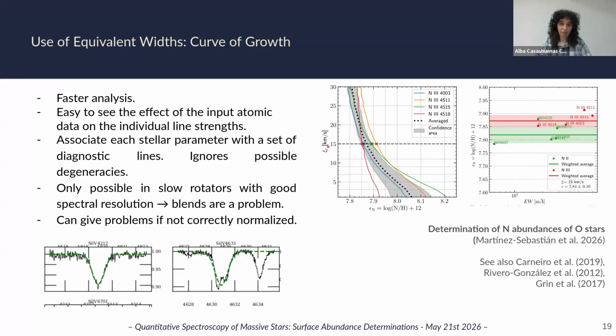They found the value of the microturbulence that predicted a constant nitrogen abundance, and they calculated the nitrogen abundance from the different lines. But this is not a comprehensive list of works that have done this analysis at all. This analysis has been very widely used. It's a very traditional analysis, and there are a lot of works that have used it.